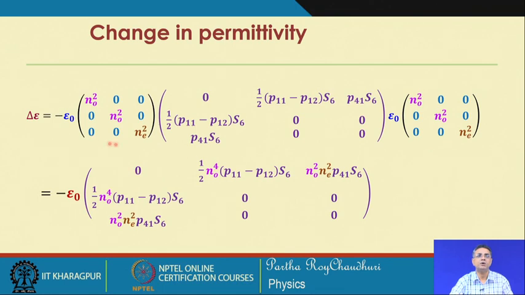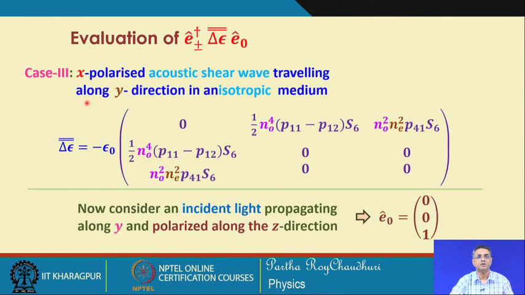So, this is the form of delta epsilon E. Up to here, we find that this is the kind of change in the permittivity because of this configuration of the acoustic wave, that is, it is X-polarized and travelling along y in an anisotropic medium. So, this will be the form of delta epsilon E, the permittivity change tensor.